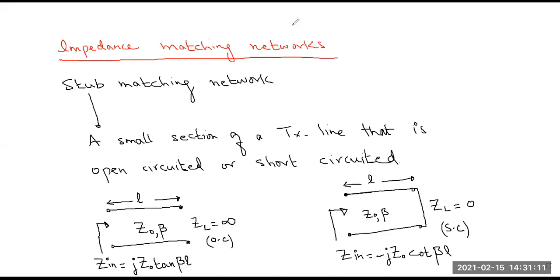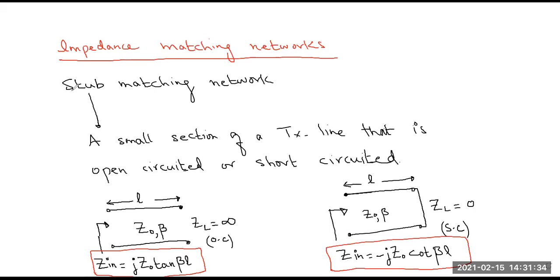This is something we have covered before, but let's make use of that knowledge from the impedance matching point of view. What is this telling us? That this transmission line's behavior in terms of impedance is like this, and similarly for a short circuited line the behavior is like this.